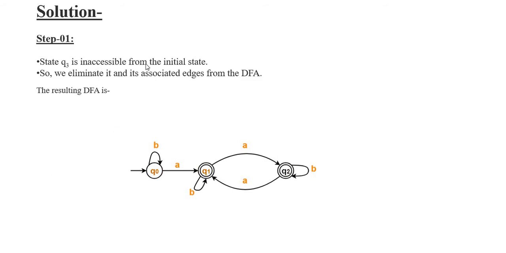We eliminate it and its associated edges from the DFA. So the resulting DFA is Q0, A, Q1, A, Q2, A, with self loops on B. So now minimize the DFA from this DFA.